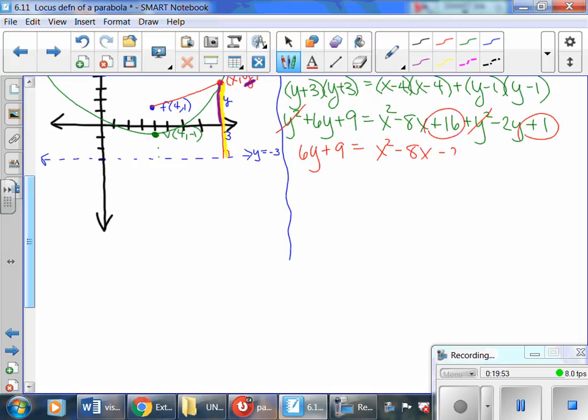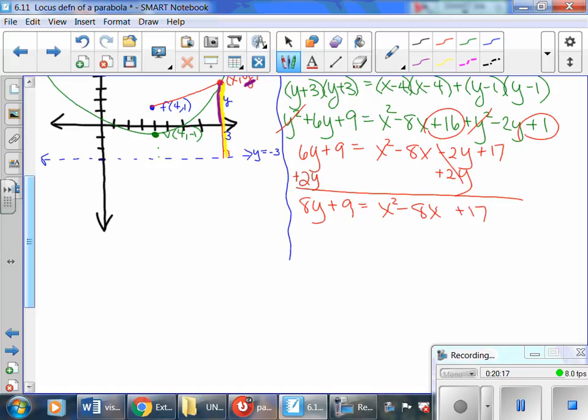Minus 2y plus 17. And now I'm going to move this y over here, add 2y to both sides, and I get 8y plus 9 is equal to x squared minus 8x plus 17.